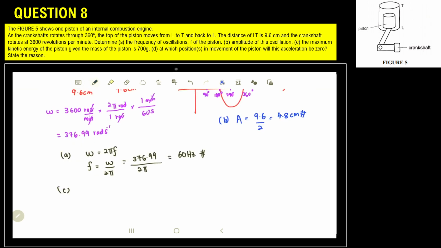C, calculate the maximum kinetic energy of the piston given the mass of the piston is 700 gram. 700 gram is equal to 0.7 kg.